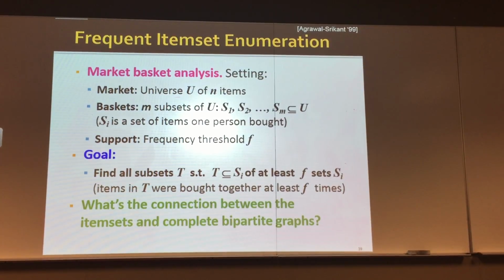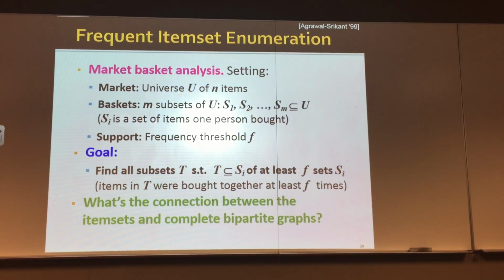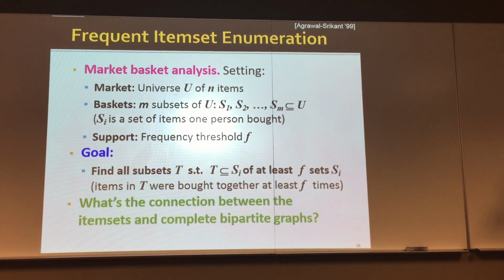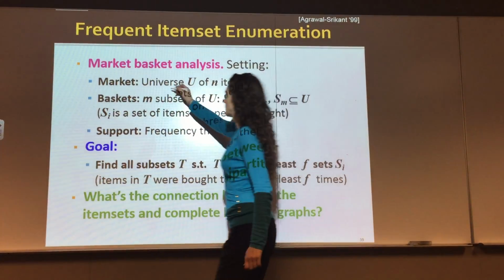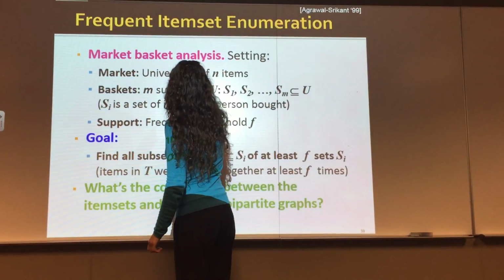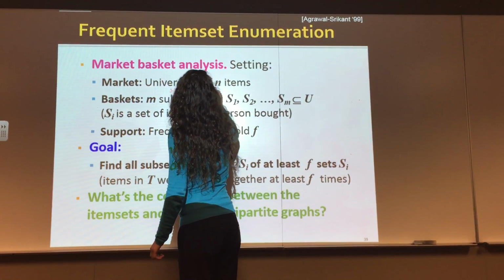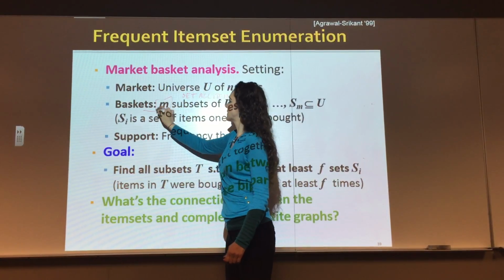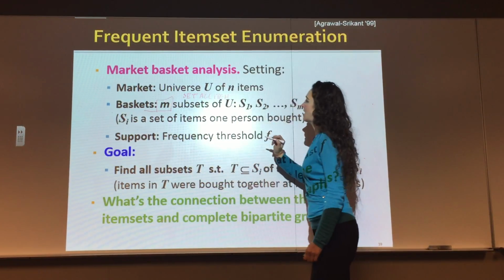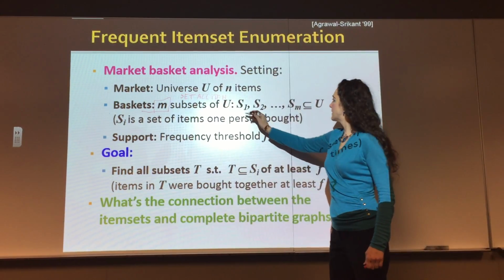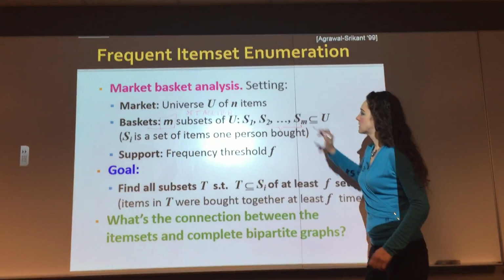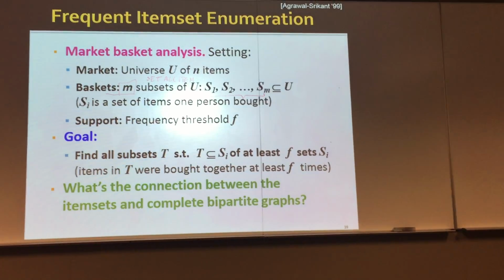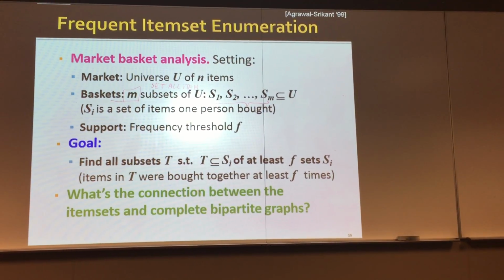So the data consists of a set of transactions. The universe is all the items. In the basket, a person can place some of these items. So they're going to put some of the items in their basket. That is the set of items the person bought.